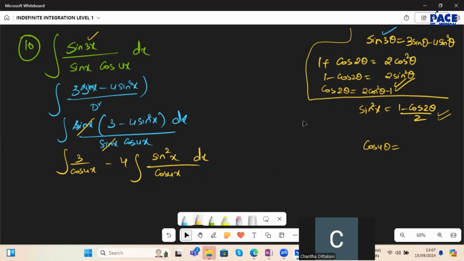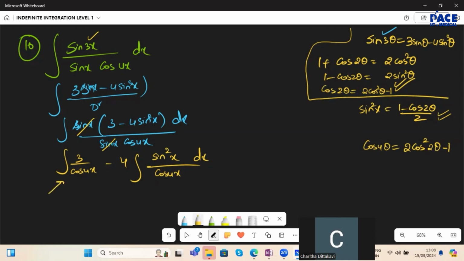Now, cos 4x is there, which means I have a cos 2 theta, which is 2 cos square theta minus 1. I need a cos 4 theta, which is nothing but 2 cos square 2 theta minus 1. Wonderful. Now, I got both of them in the same trigonometric ratio. Now, I am going to replace.